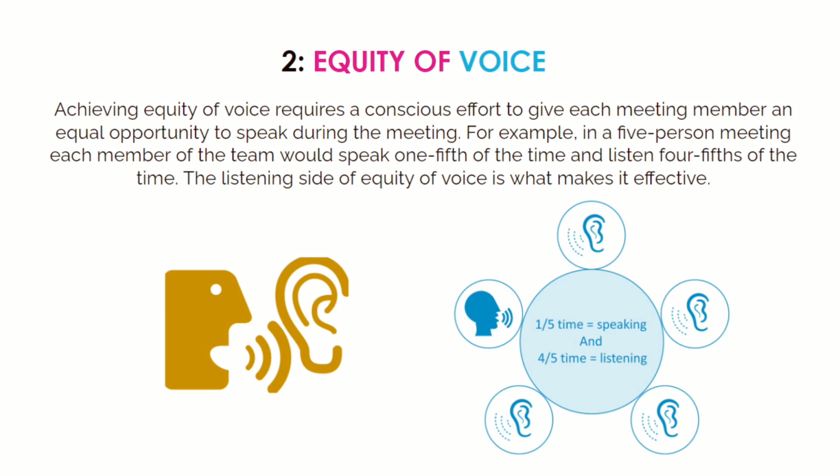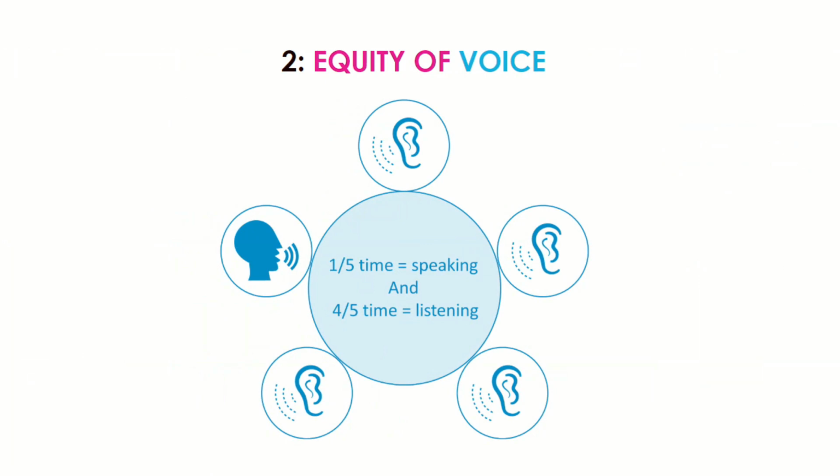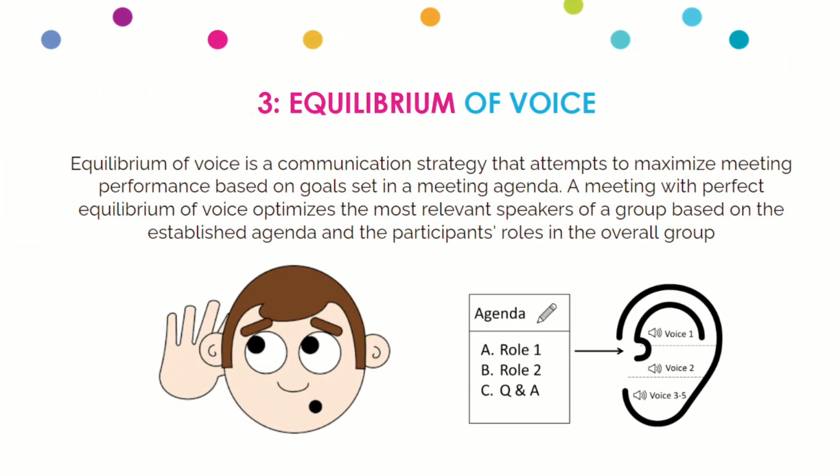But in a perfect meeting with equity of voice, and there's 5 people, each person would get 1/5 of the time speaking and would spend 4/5 of their time listening. Obviously, listening is going to be very important, and we'll talk a little bit about that. But equity of voice is something I want to make sure people understand, because you might want to strive for equity of voice in a variety of scenarios that we'll talk about in this presentation.